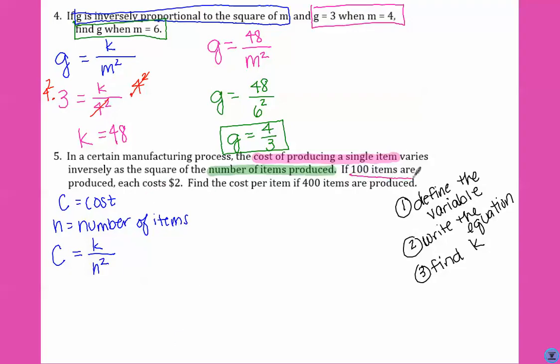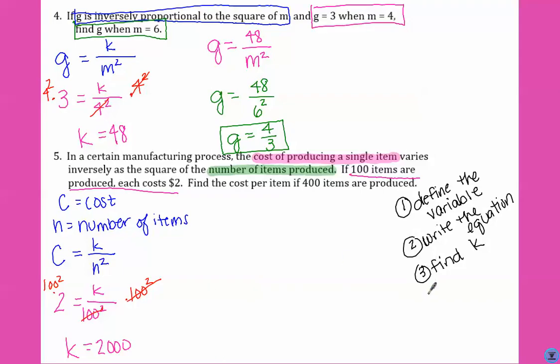If 100 items are produced, each costs $2. So the cost is 2 if we have 100 items. Multiply by 100 squared on both sides. And we get that K equals 2,000.